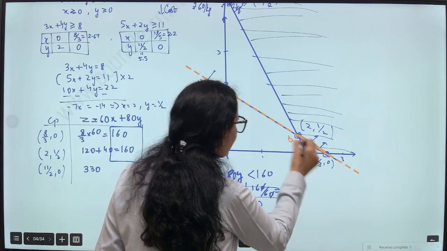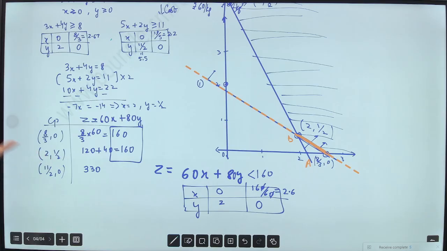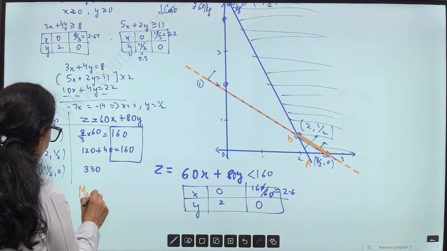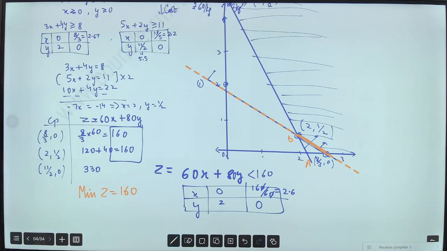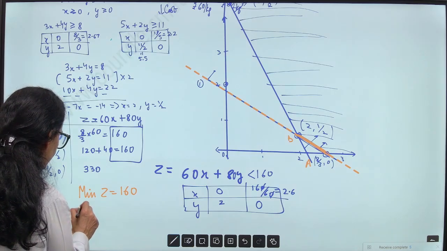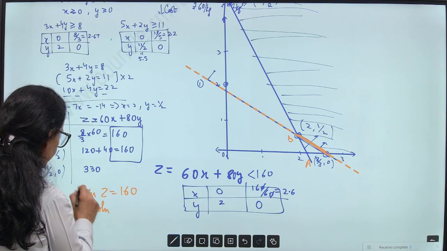So there are infinite solutions, even though yes, 160 is an optimum value. So it is not the case of no solution, because the Z-line graph is not getting into the feasible region. It is coinciding with one of the explicit constraints, right? So the minimized value of Z is 160, but there is no one optimum solution, there are multiple solutions. So there are infinite solutions for this LPP.